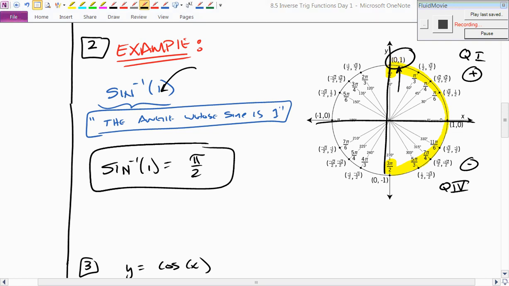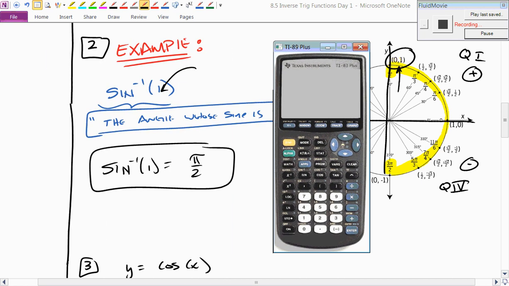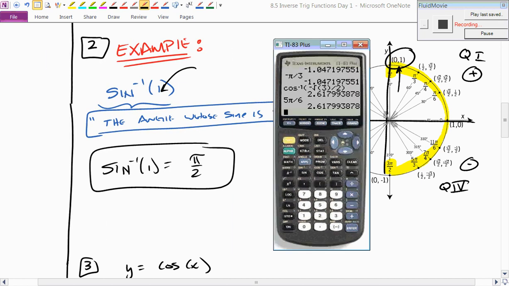So let me show you how your calculator interprets the same thing. Whenever you're dealing with trig functions, you've got to be in radian mode. So turn your calculator on and check the mode. Make sure you're in radian mode. And then hit second quit. We're going to ask the calculator, what is the sine inverse?